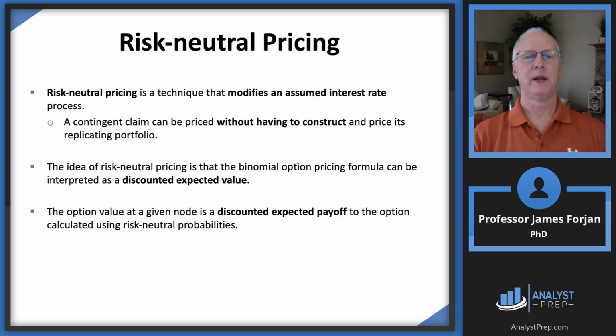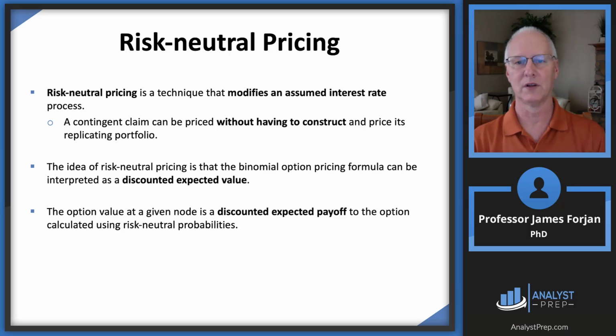All right, so let's spend a minute here talking about this risk-neutral pricing. It's a technique that modifies an assumed interest rate process. It's a contingent claim that can be priced without having to construct and price its replicating portfolio. So we had a little bit of complexity when we did that replicating portfolio.